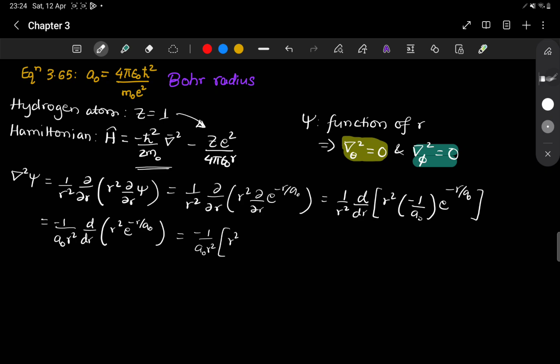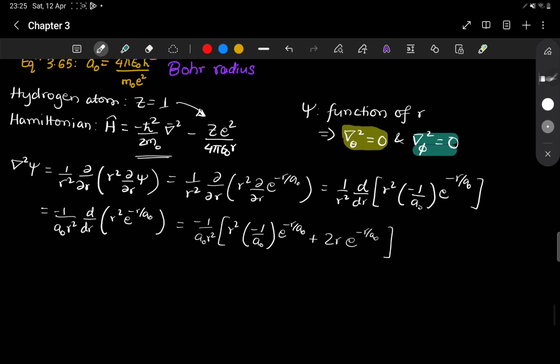Now we will use the chain rule of differentiation. So derivative of a product of functions is first function times derivative of second function plus second function times derivative of first function. So this is first function times derivative of second function plus derivative of first function times the second function.